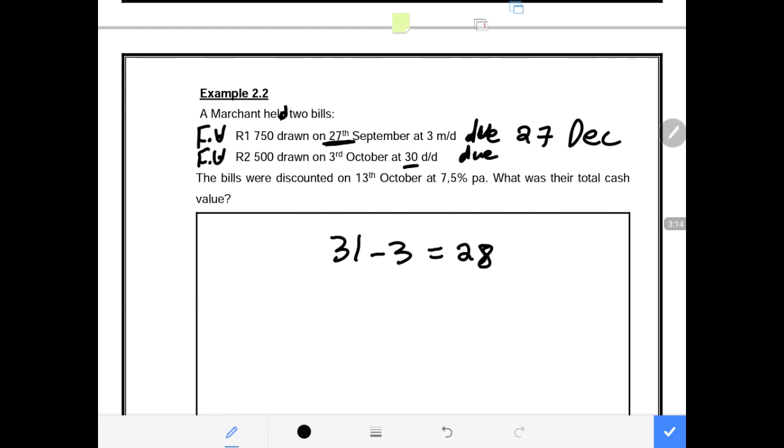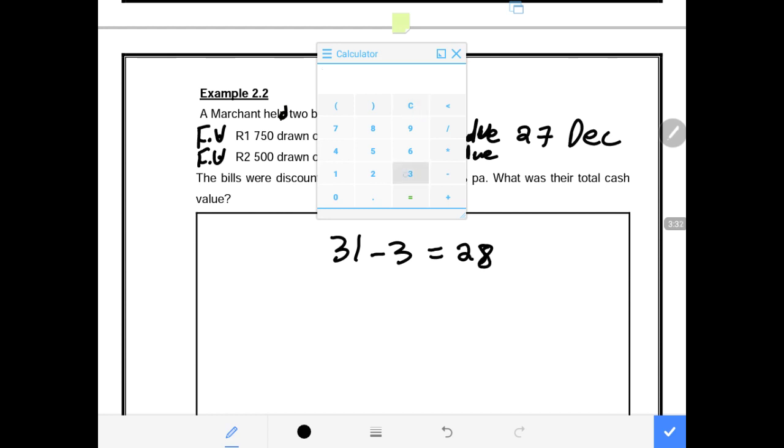Remember guys, once again, when we are given the number of days, we don't include the date the bill was drawn in the calculation of the due date of the bill. We start on the 4th. That is why I say 31 minus 3.